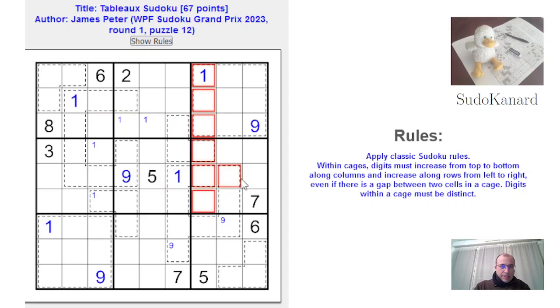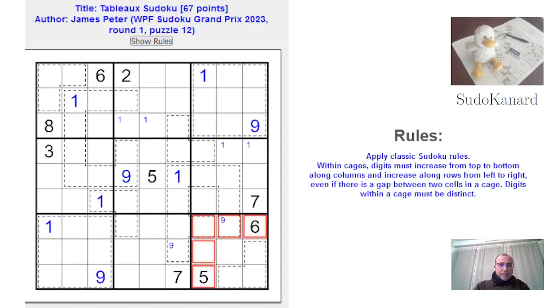And then there's something in here. So the 1 should have to be somewhere in here, but this is obviously not a 1 because it has to be lower than that, and digits can't repeat in a cage. So there's a 1 in here, which eliminates this possibility and places the 1 there.